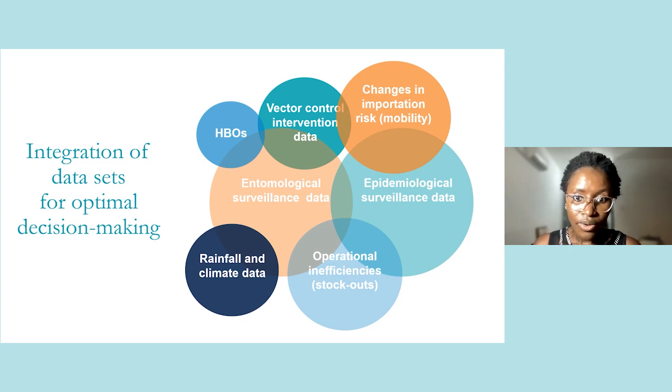It is important to recognize that all these factors can be considered possible drivers of transmission and should be included in any analysis and interpretation of entomological data. The decision trees in Module 7, 8, and 9 provide some examples of how the data integration can be done.